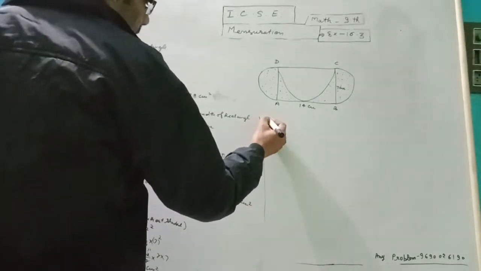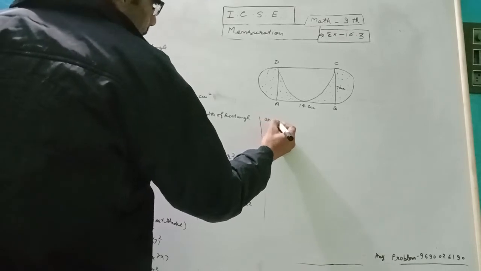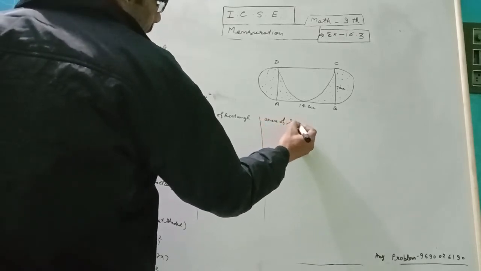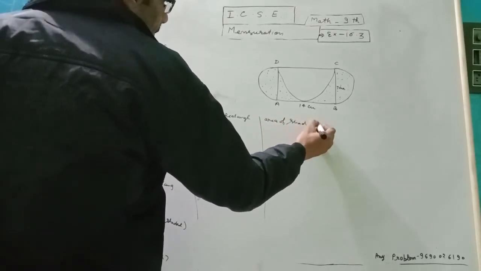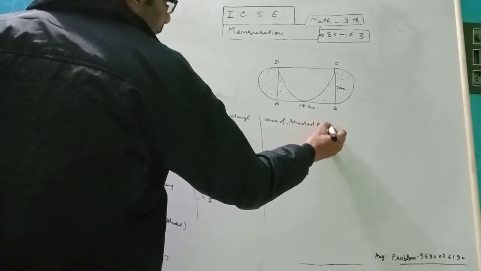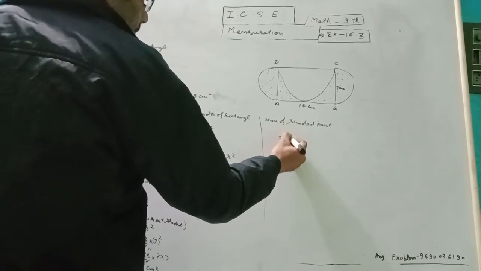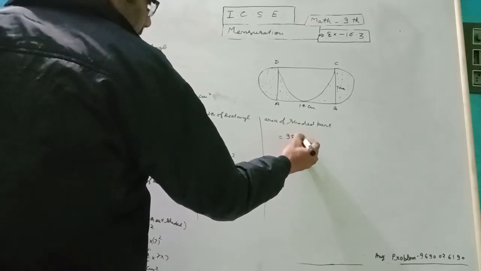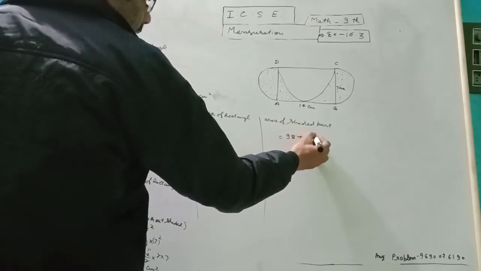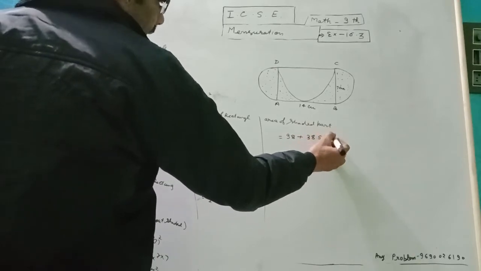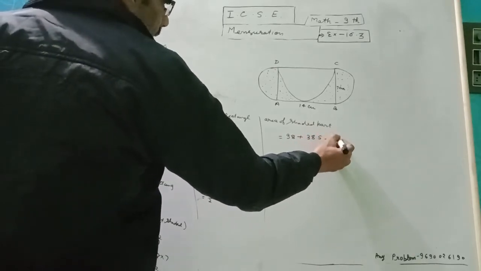Area of shaded part is equal to 98 plus 38.5 minus 77.